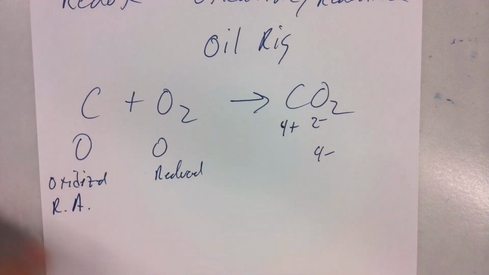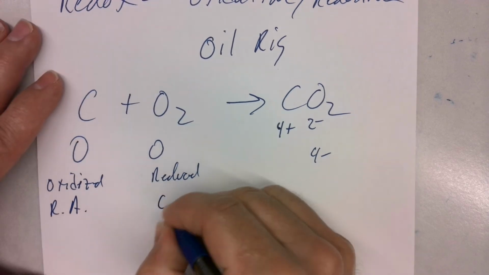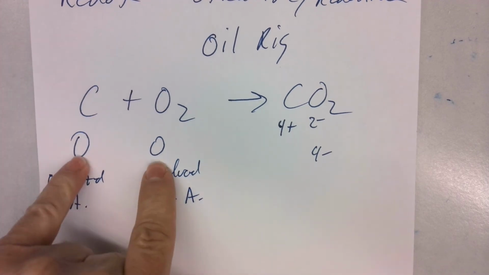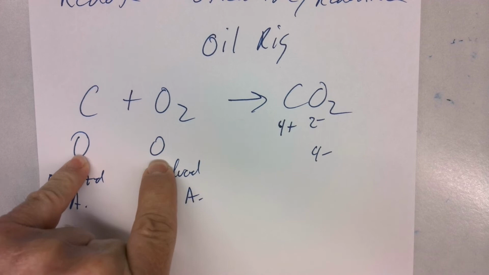If it was oxidized, it was my reducing agent. If it was reduced, it was my oxidizing agent. And it makes sense that oxygen would be the oxidizer, right? Didn't you show me one example where that wasn't true though? Yeah, there's probably one out of all the ones we did, but for right now, just do it. Just remember, if it's by itself, and it's not got a charge on it, it has an oxidation number of 0.